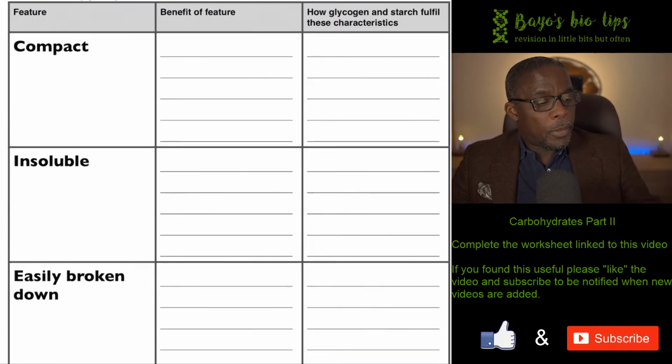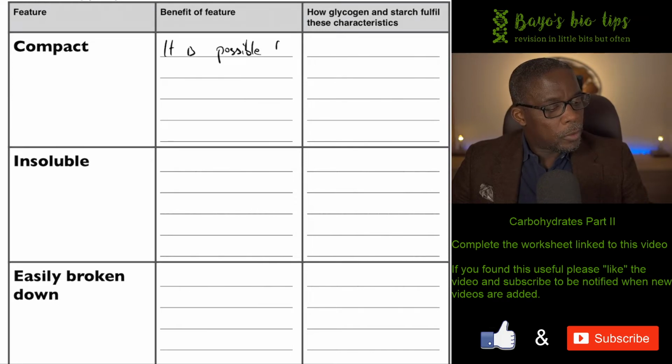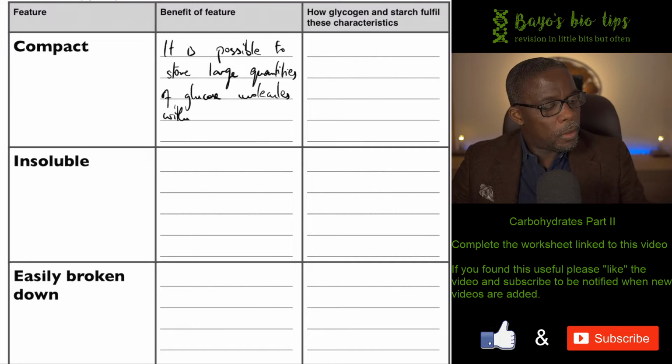So number one, they are compact. So what's the benefit? It is possible to store large quantities of glucose molecules within them in smaller spaces.